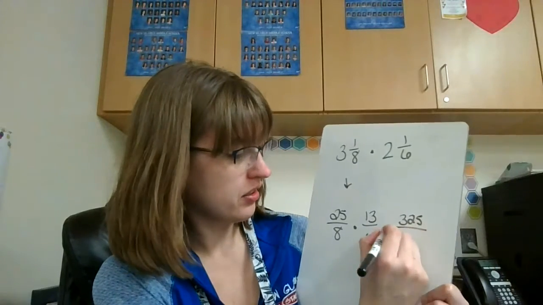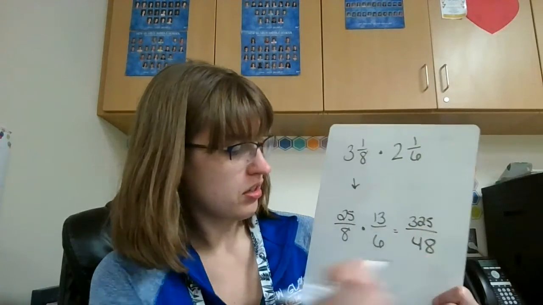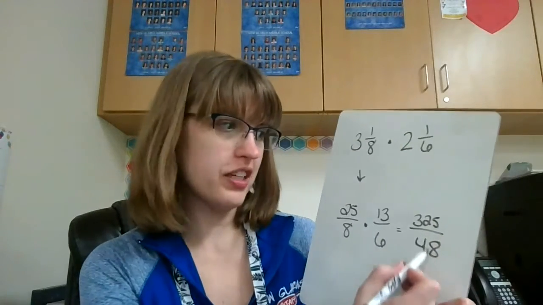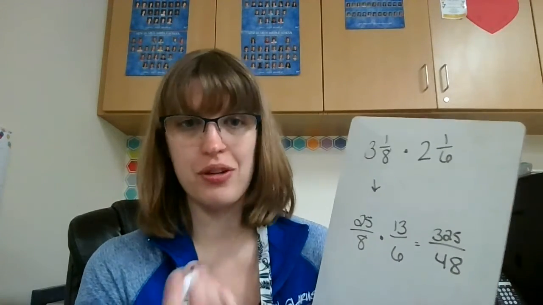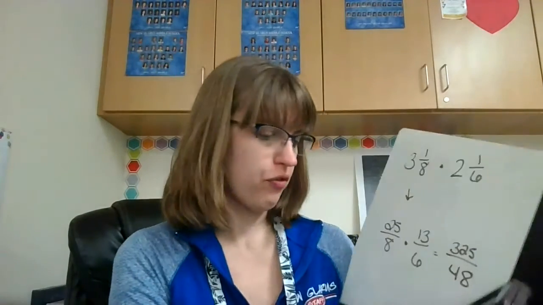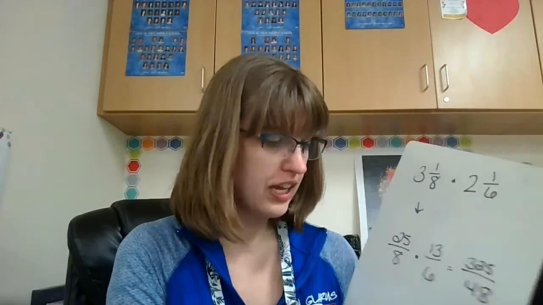8 times 6, 48. Now I need to figure out how many 48s go into 325. So I'm just going to skip count. I'm going to just add them up on my calculator. So 48 plus 48. Or I can just do the easy way, 325 divided by 48, either way.